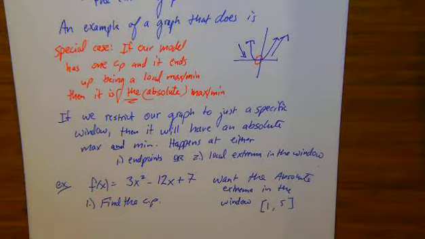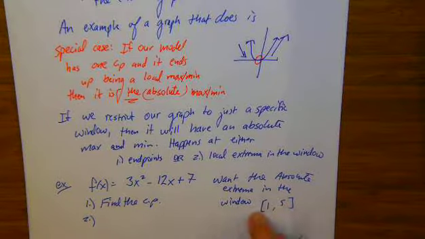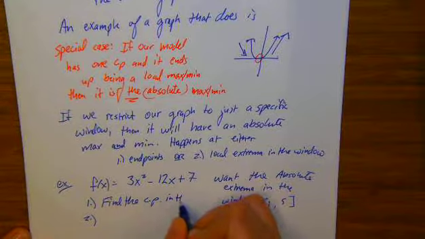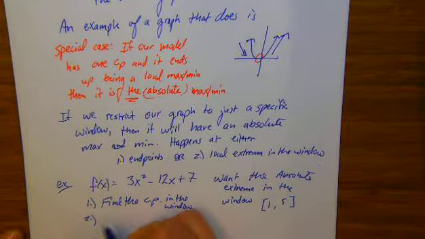Okay. An absolute max means it's the highest point in that window, and absolute min means it's the lowest point in that window. So the second step would just be to actually brute force it. Plug in the endpoints and the critical points in the window. The highest value is the absolute max, the lowest value is the absolute min.